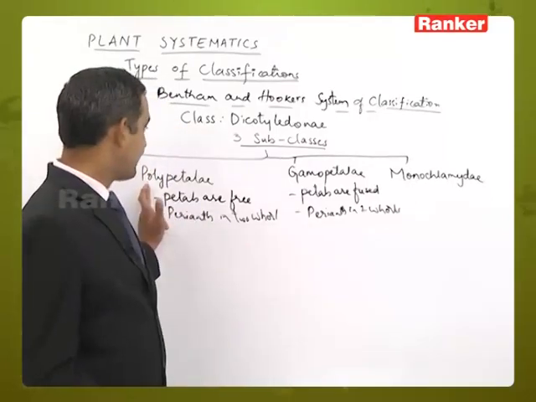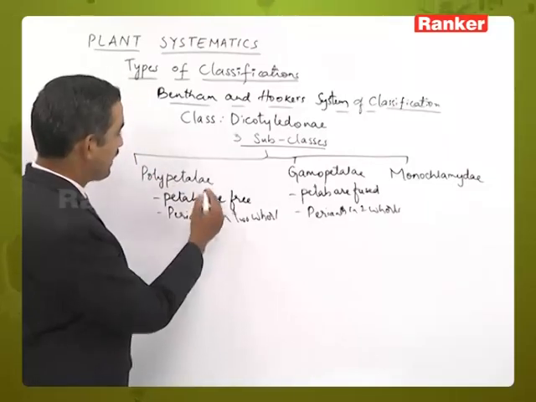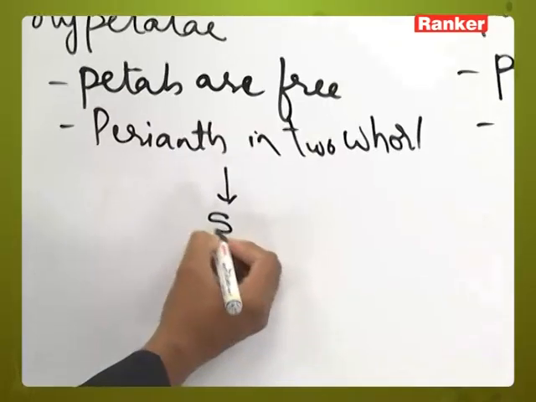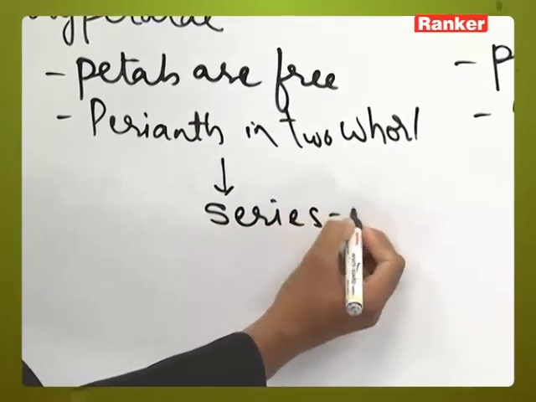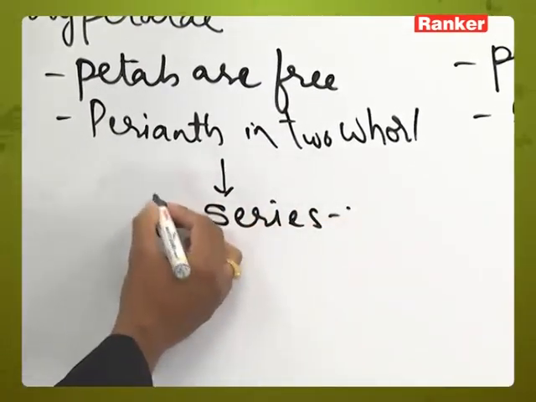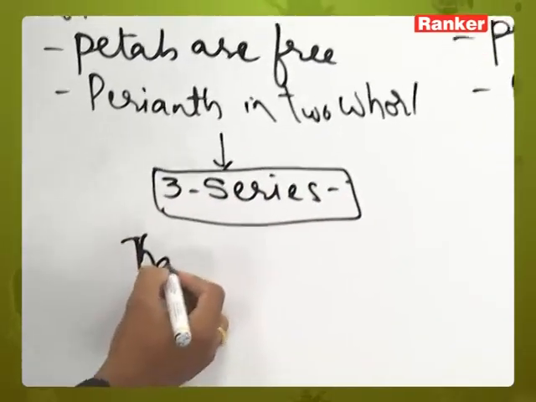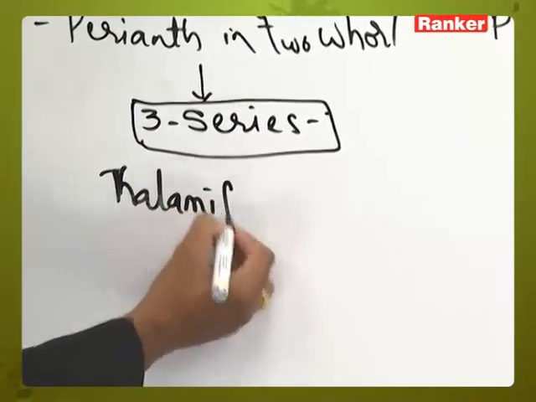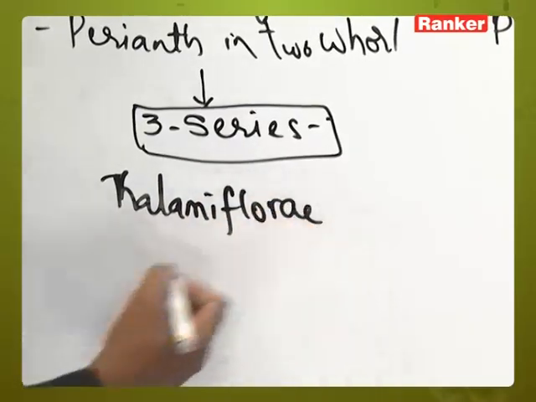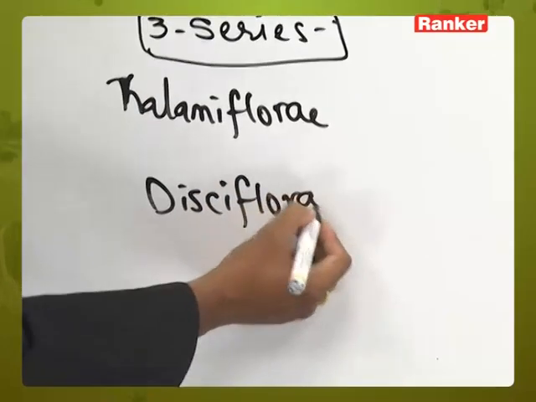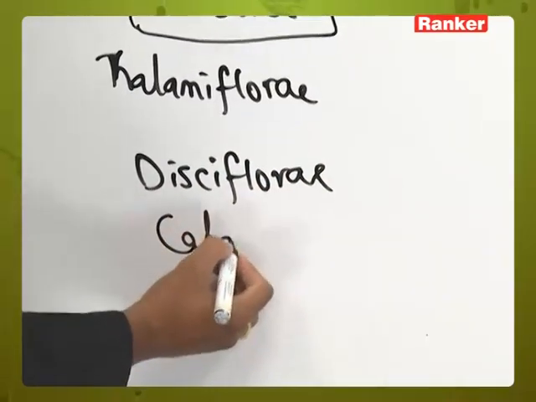Now let us come to the further classification under subclass Polypetalae. So Polypetalae is further divided into 3 series. Those are Thalamiflorae, Disciflorae and Calyciflorae.